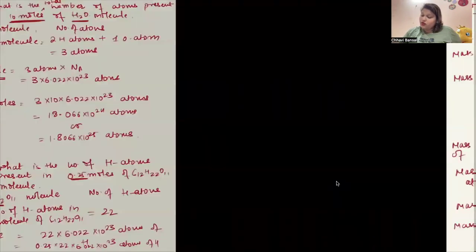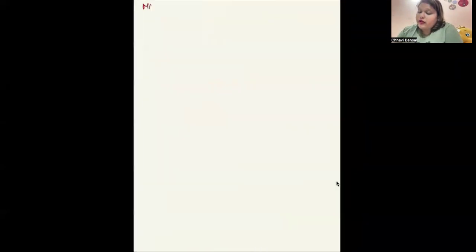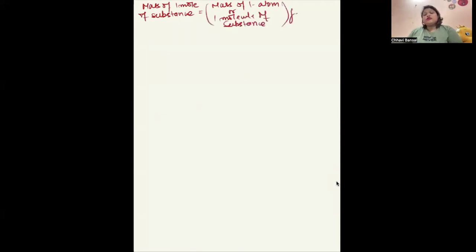Here it is 32 grams. So this proves, I can write down this formula: mass of 1 mole of substance or entities is equal to mass of 1 atom or 1 molecule of substance in grams.